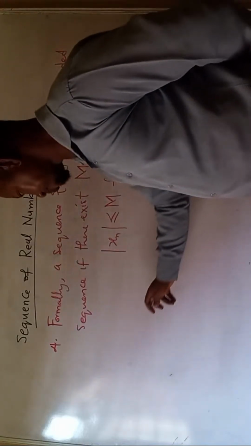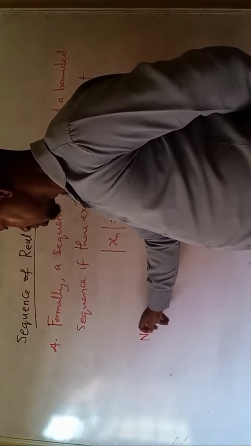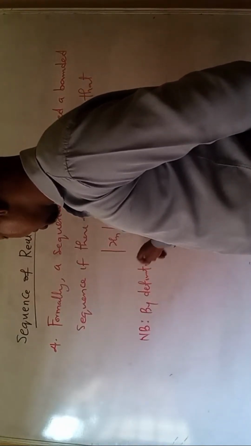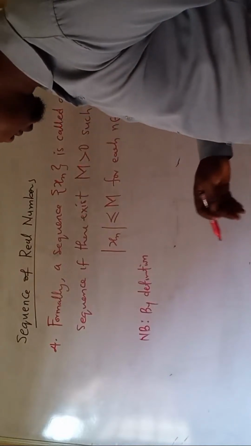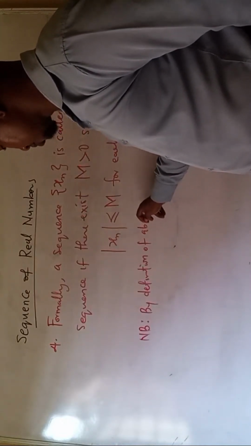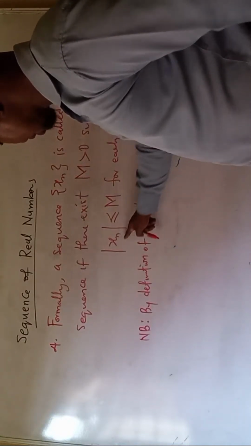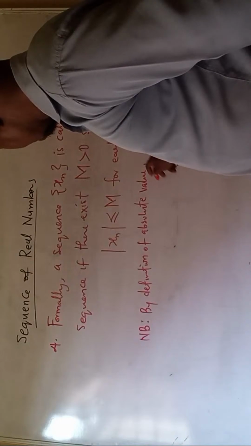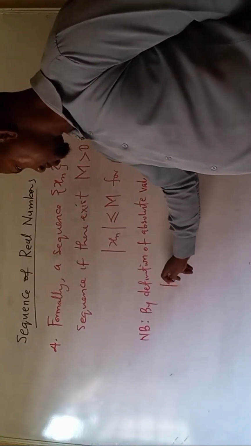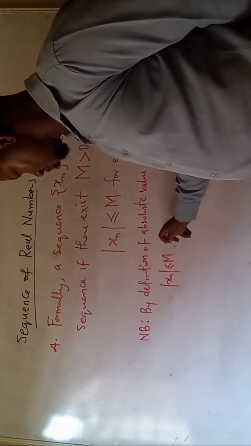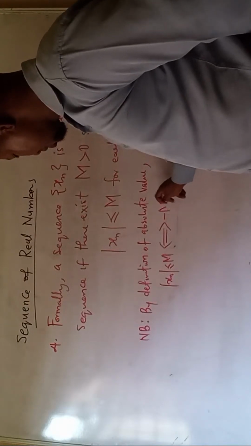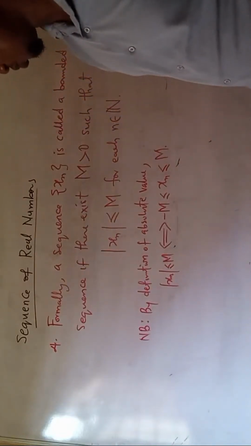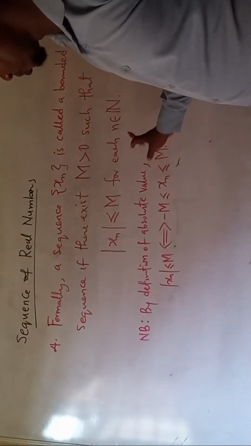Note, by the definition of absolute value, as we said in our last virtual class, we can interpret this to also mean minus N is less than or equal to xn, which is less than or equal to N. That is by the definition of absolute value.